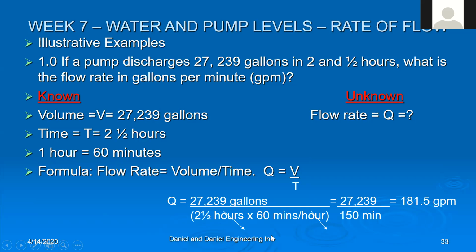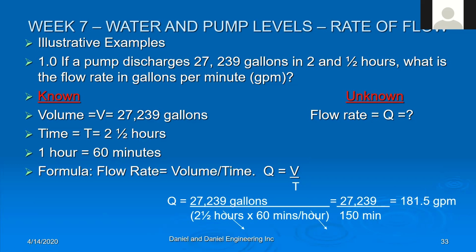The hours cancel out, so I end up with gallons on top and minutes below. 2.5 by 60 is 150. So 27,239 gallons divided by 150 minutes is 181.5 gallons per minute, or GPM.